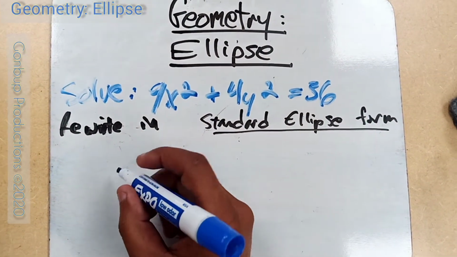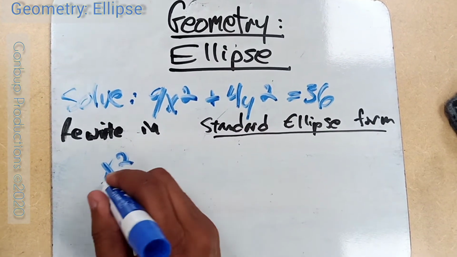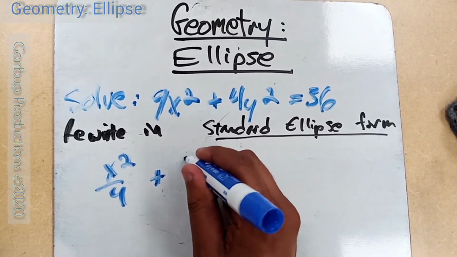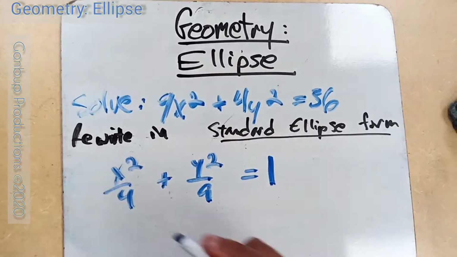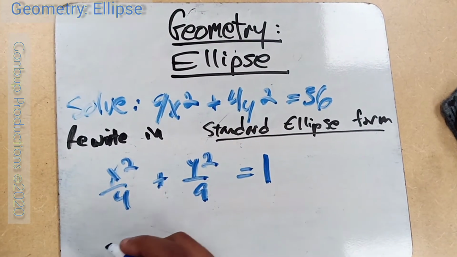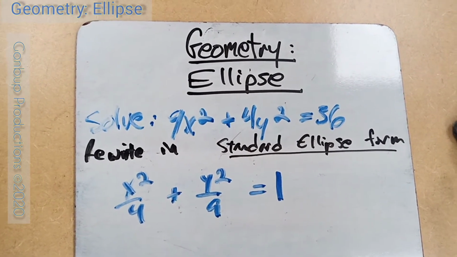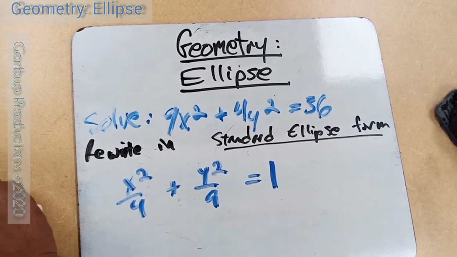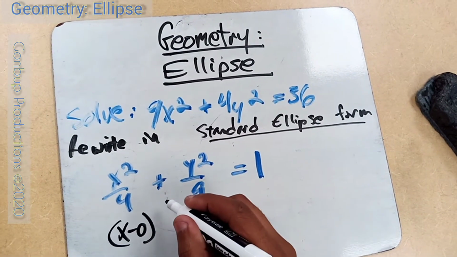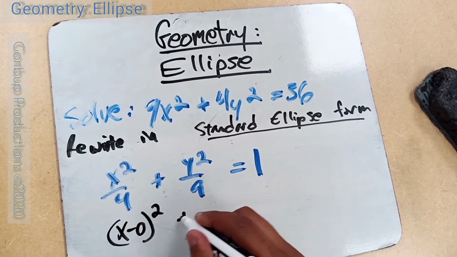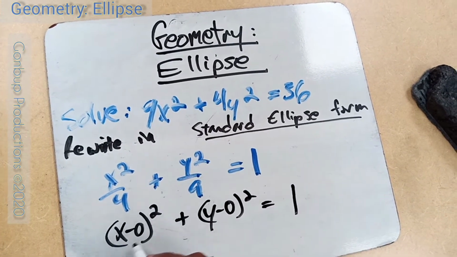Now we just complete the standard form by taking (x minus 0) squared. We're going to place that in parentheses. (x minus 0) squared plus (y minus 0) squared equals 1.